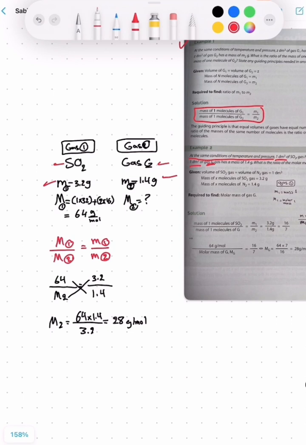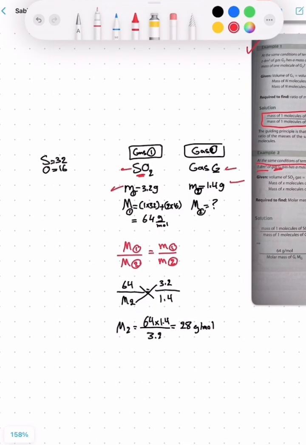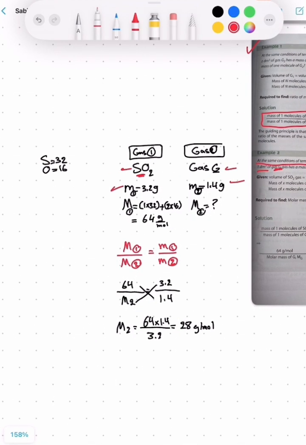Can you calculate the molar mass of SO2 if you have the atomic masses of each one of them? Yes, just do it here. So we have SO2, if S is 32 and O is 16. So 32 times 1, because we have 1 S, plus 2 times 16, which will be 64 grams per mole.